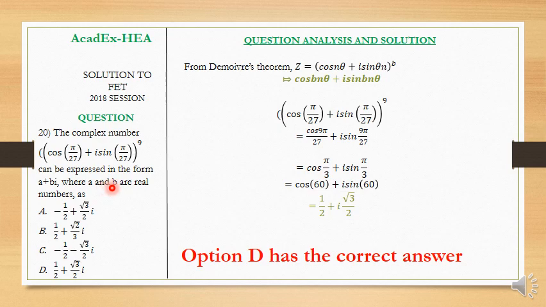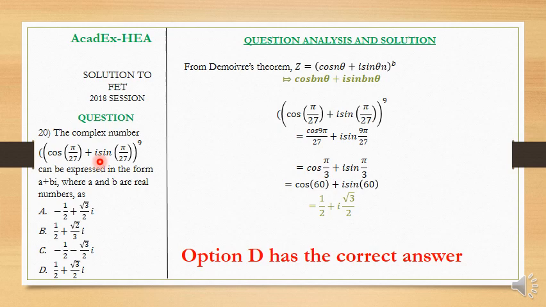To do this, we can see this in the form of cos of a certain theta plus i sine of the same theta, raised to a certain power. The only way we can solve this is to use De Moivre's theorem. We all know about Abraham de Moivre.